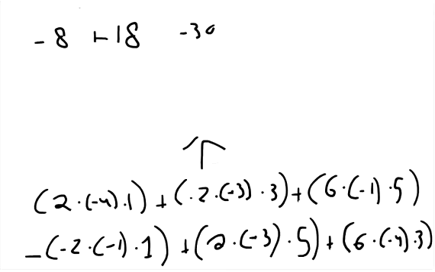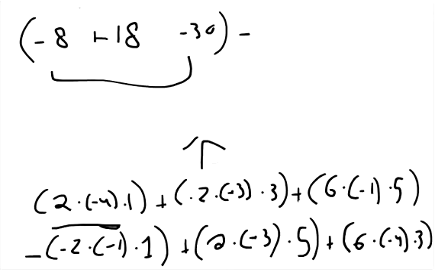Put that in parentheses because we do order of operations first, and then subtract whatever we get from the other diagonals. So negative 2 times negative 1 is 2, plus 2 times negative 3, negative 6 times 5, which is minus 30, plus 6 times negative 4, negative 24, times 6, negative 72, so minus 72.